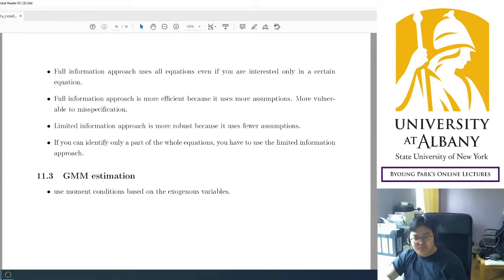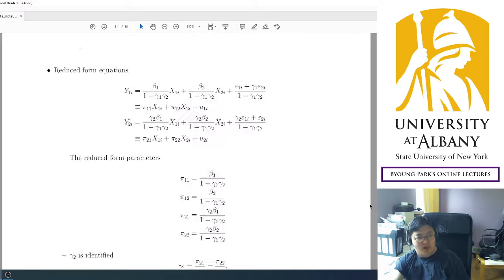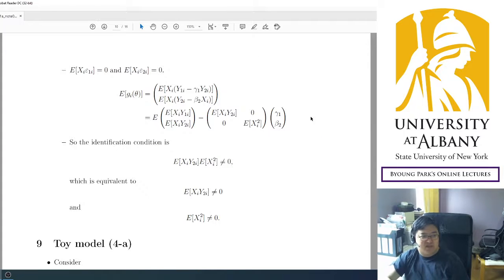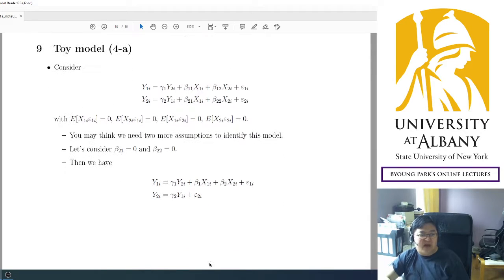And also, another advantage of using the limited information approach is shown here. In toy model 4a, as you see, if you are interested only in gamma 2, then you do not need to estimate this.